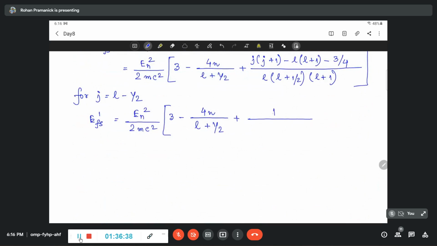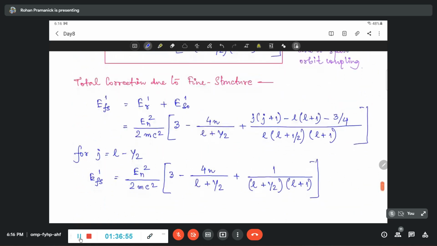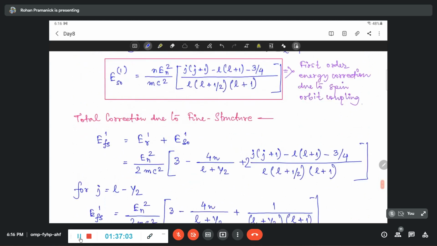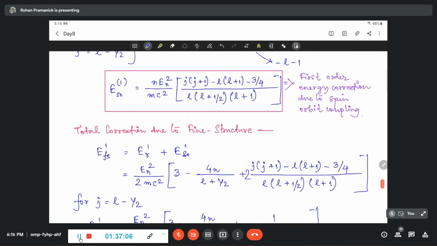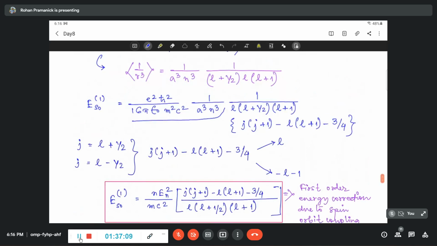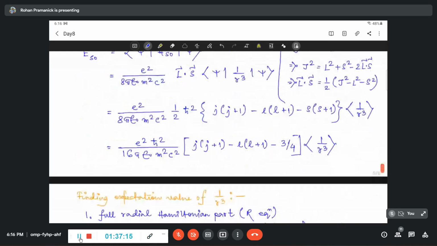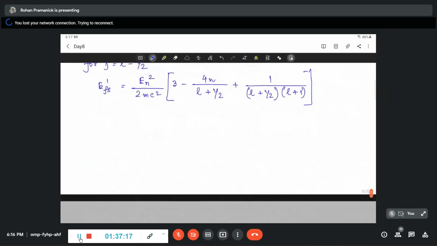L and L cancel, and this will give you L plus half and L plus 1. And there is a 2, but here you do not have any 2, so you have to multiply this by 2, because there is only mc squared over here, and there is the 2mc squared, right? I have not messed things up. So you have to multiply it by 2 while adding.